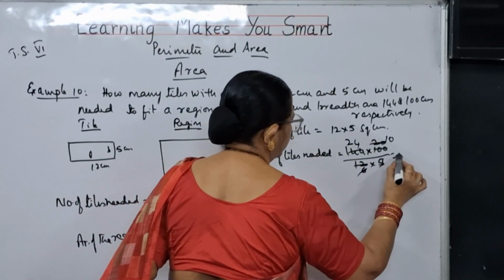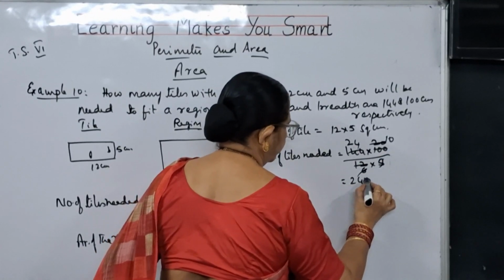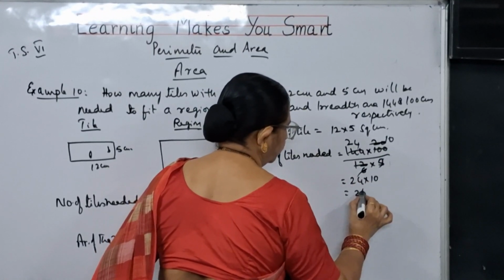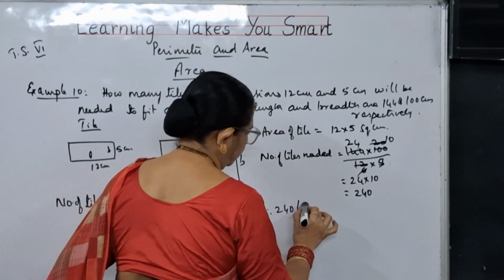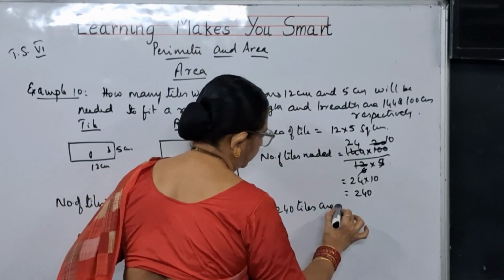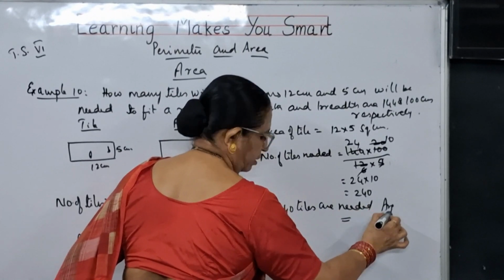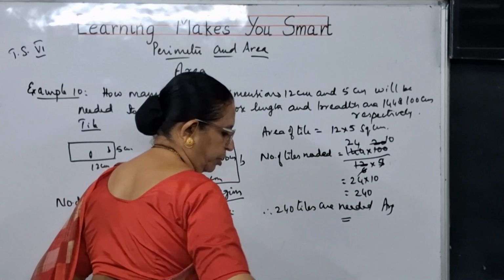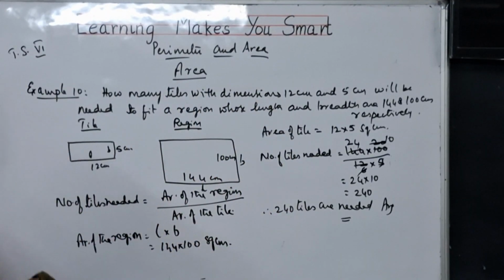So how many, children? 24 into 10, that means 240. Therefore 240 tiles are needed. This is the answer for this problem, children. Please note it down. This is example 10.